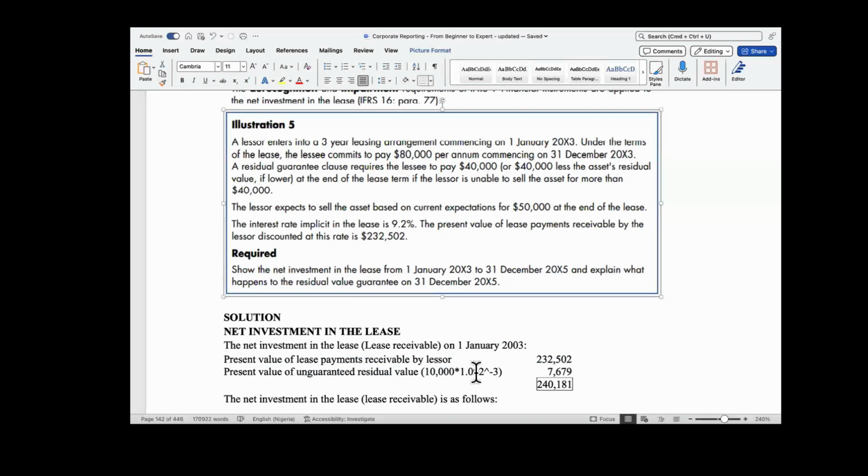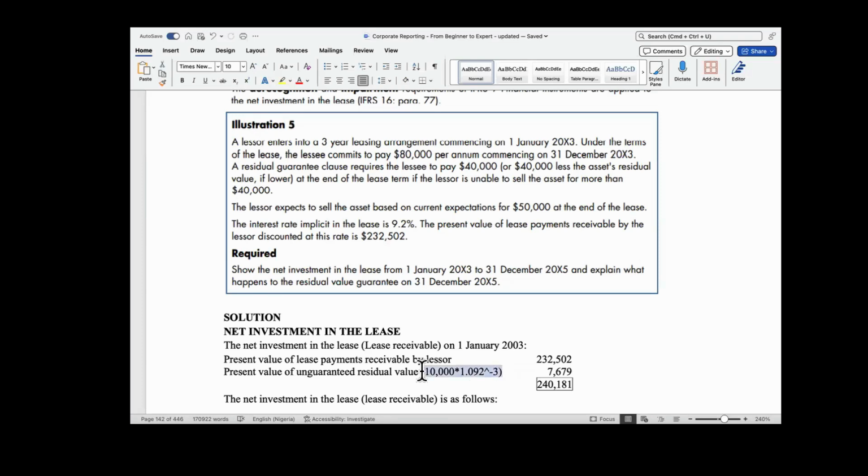Then you simply discount it to present value using this 9.2% rate, 1.092 raised to the power of minus 3. That minus 3 is the lease term. The unguaranteed residual value is receivable at the end of the lease term, so it's a future amount. We discount it to present value, so we have minus 3 since the lease term is 3 years.